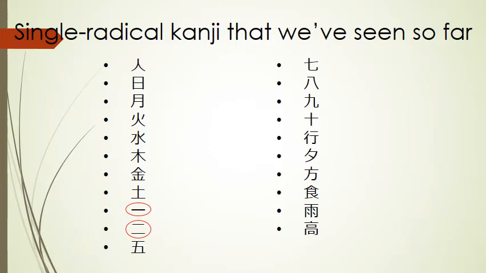But I think that a lot of this is stuff that can be picked up over the course of learning these kanji. So the short answer is I do not know. I am not sure why ni or, for example, ju get to count as single radical kanji, even though they seem to include the radical ichi.